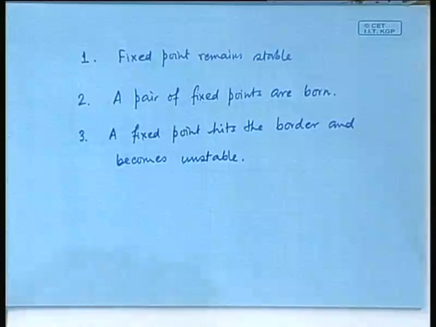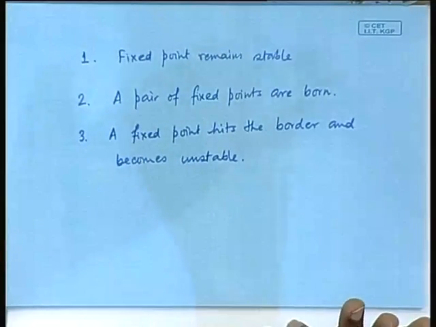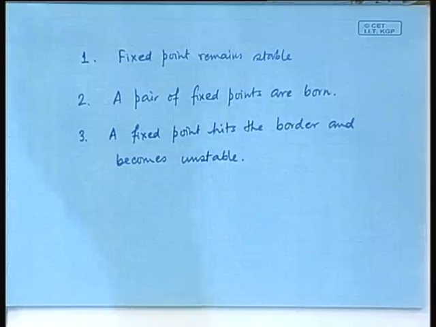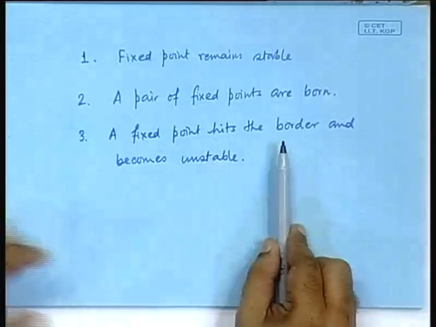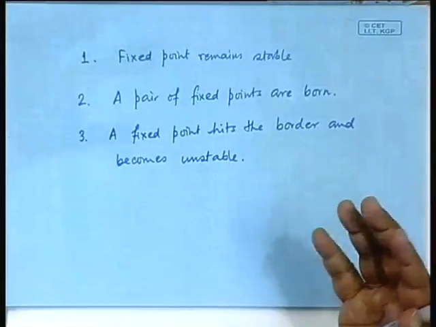Now, in contrast to what we have learned in 1D systems, all these have further sub cases which I will not go into, but let me give you a glimpse of what can happen. For example, when a fixed point hits the border and becomes unstable, something else becomes stable. What can become stable?